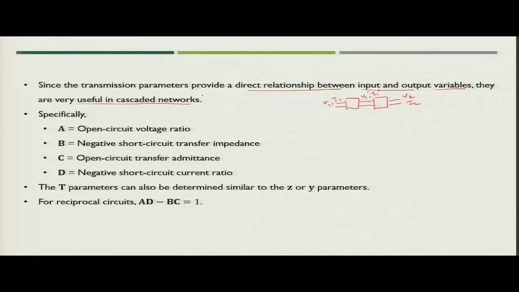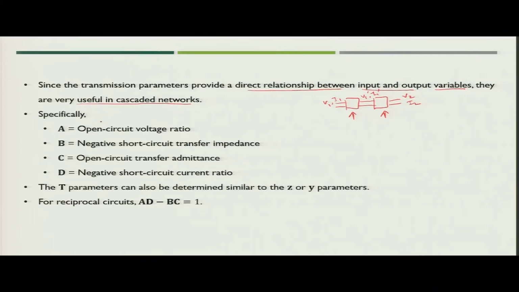So, the transmission parameters will help you to establish the relationship in those cases when you have cascaded networks. The analysis of these kinds of networks we will see in the next lecture when we discuss the interconnection of various networks. We will see that particular aspect in detail.